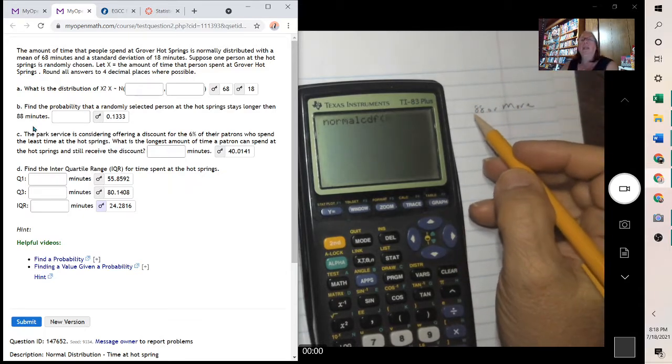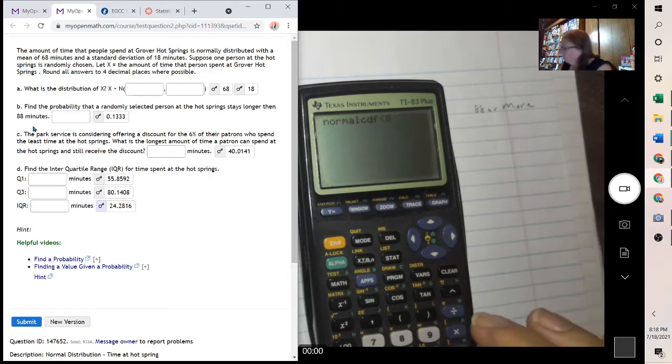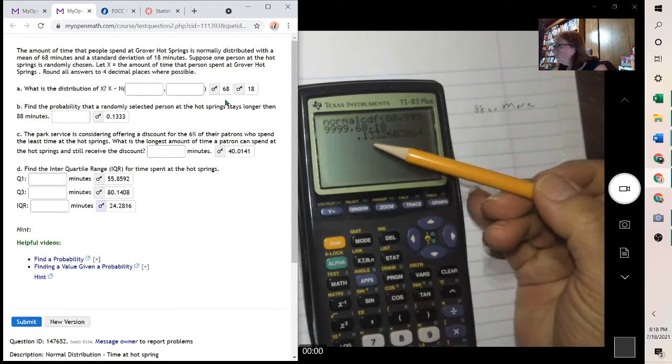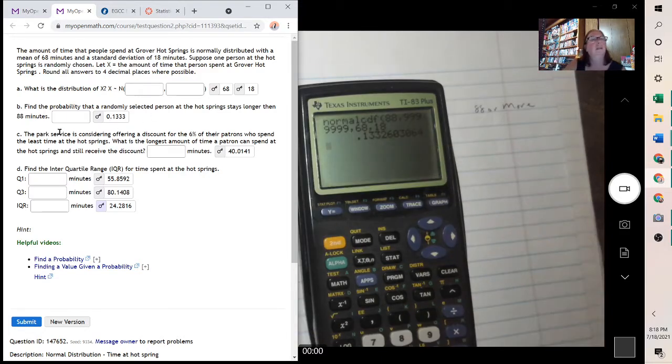So we're going 88 and greater, 88 comma, and then a really large number, 9999999, comma, and then your mean, which came from here, 68, comma, and the standard deviation, which is 18. And then you hit enter, 0.1333 right here.